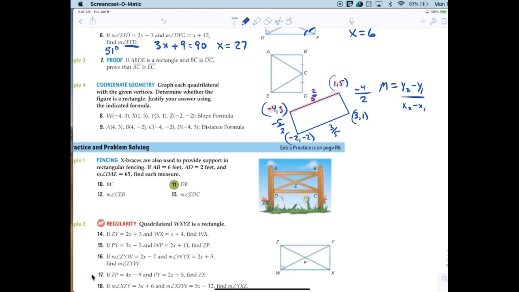Now, determine whether the figure is a rectangle by using the distance formula. Does someone want to tell me how I would prove that it is a rectangle using the distance formula?